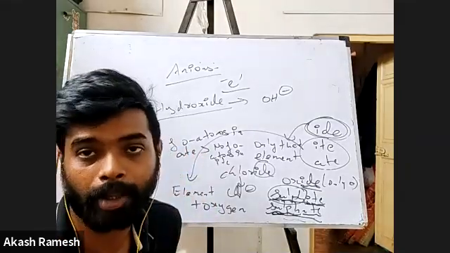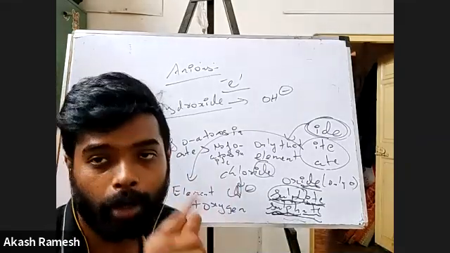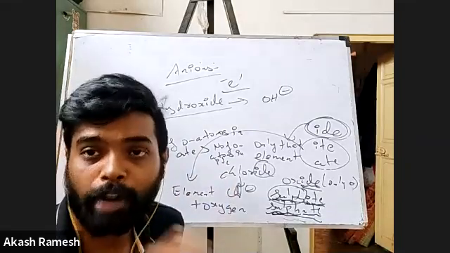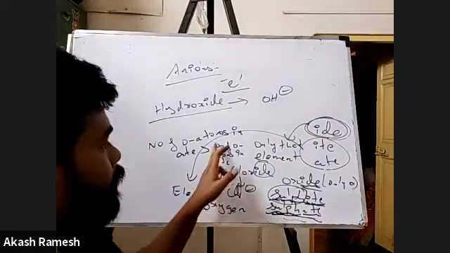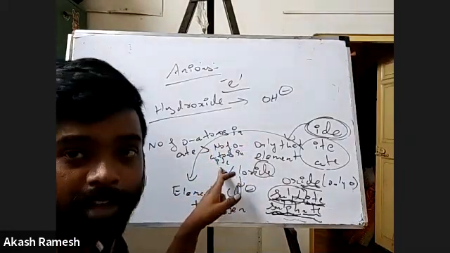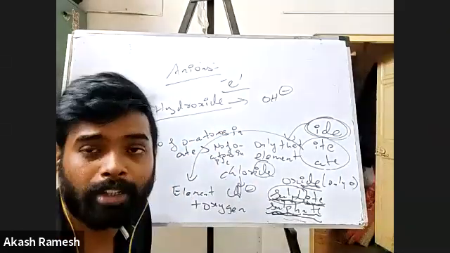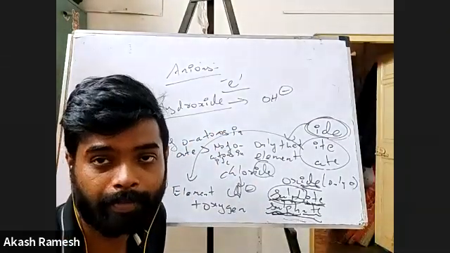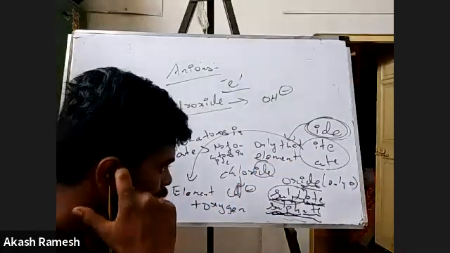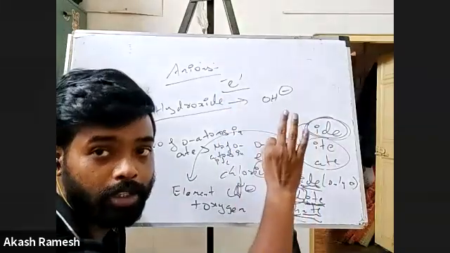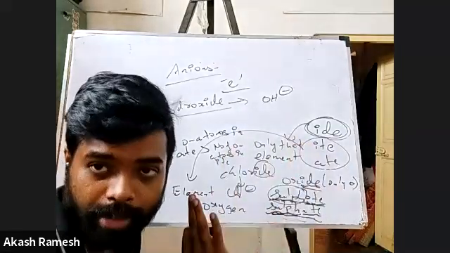Remember this. Again, repeat what I'm trying to tell you. If I take ITE compounds, what I'm telling is the number of oxygen atoms in ITE compounds is lesser than the number of oxygen atoms in ATE compounds. If I give you one example, you'll easily understand. For example, you just take down these points. First thing, IDE means only that element. ITE, ATE means that element along with oxygen.